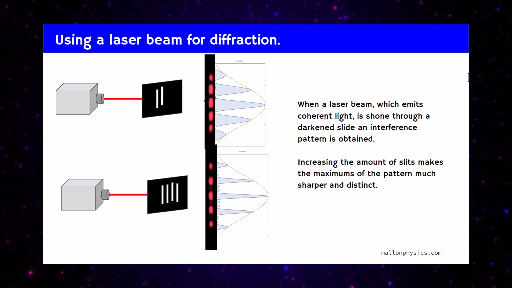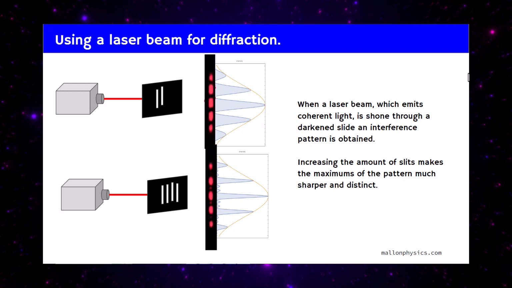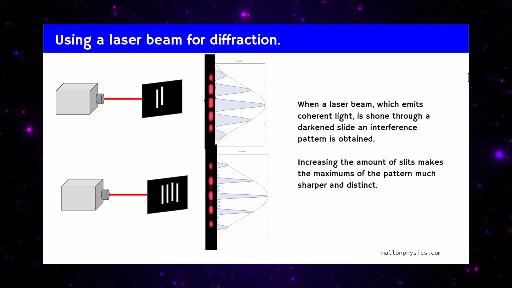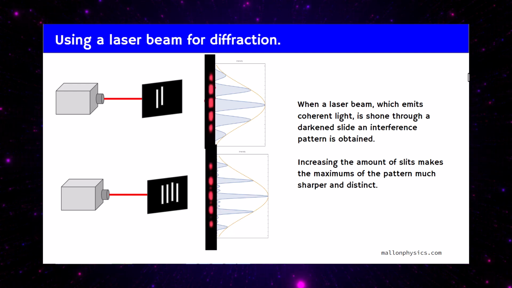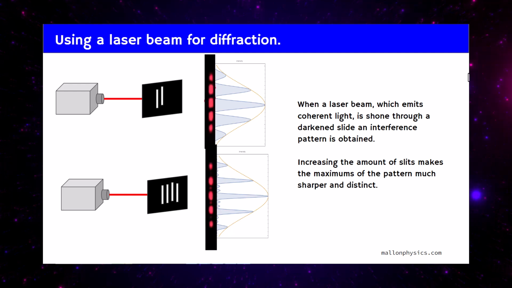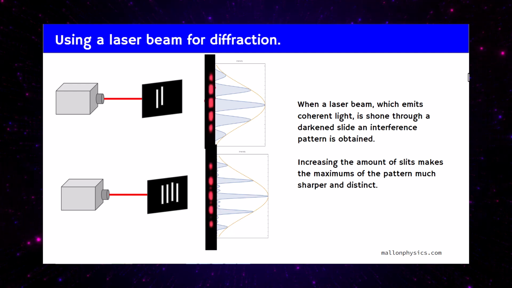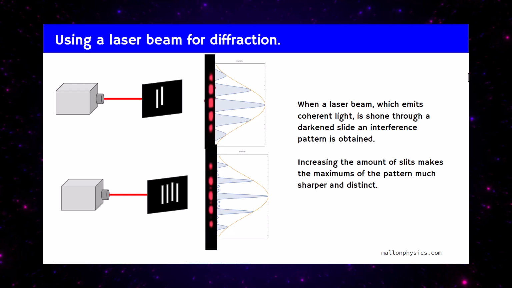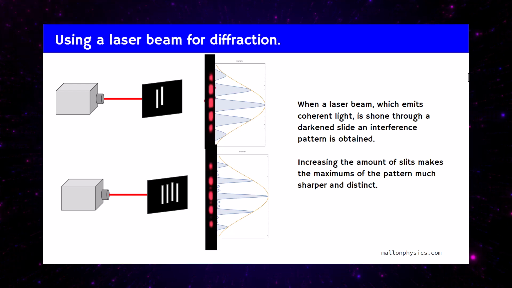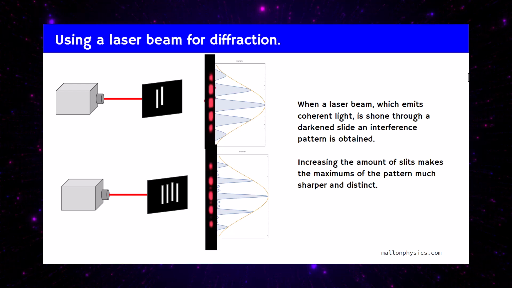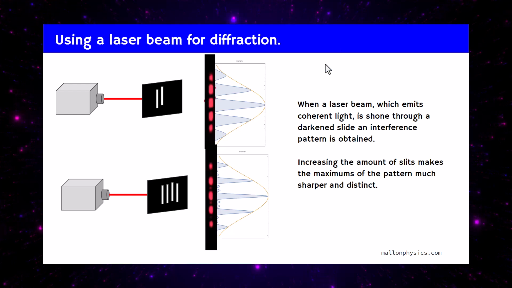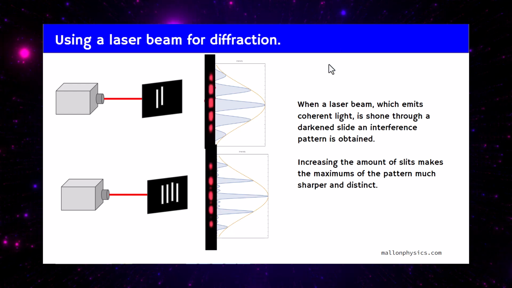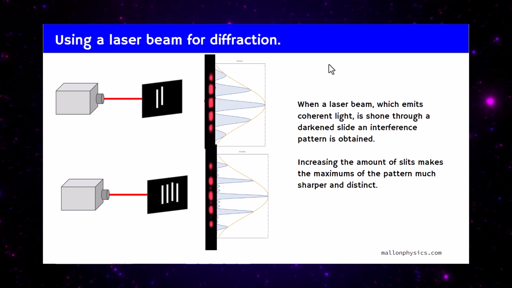Now if we pass the same laser beam through a piece of plastic with four slits in it, four narrow gaps, then what happens to the interference pattern is it becomes much sharper, it becomes much clearer, and we can easily distinguish more of the interference pattern on the other side. The interference pattern becomes much sharper compared to two slits.